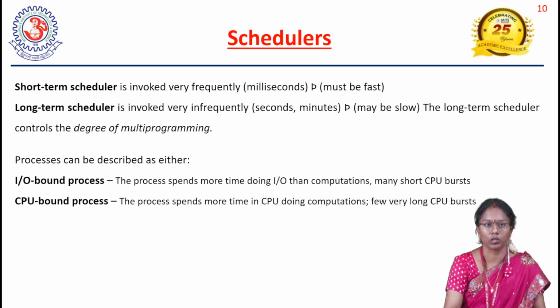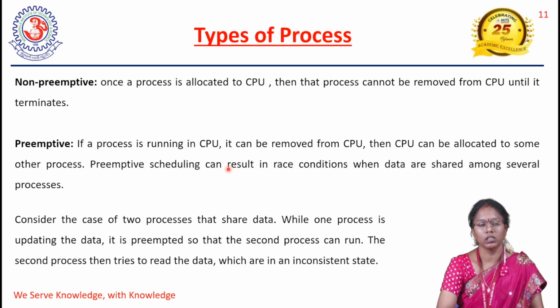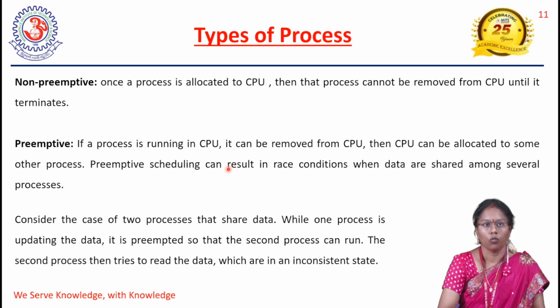Then it is called a CPU bound process. Now we have just seen the basics, that is input output bound process and CPU bound process. The next one we are going to see is non-preemptive and preemptive processes. This is a very familiar term we have come across in our operating system concepts.